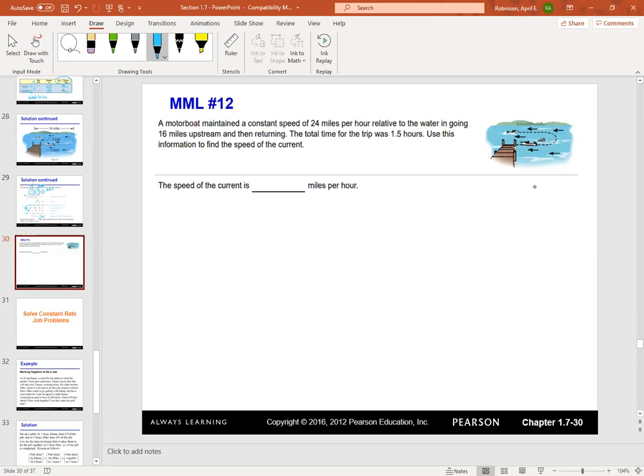I'm still dealing with a total time of 1.5 hours. So I need the time going up added to the time going downstream, and that's going to equal the total time. And the total time was 1.5.